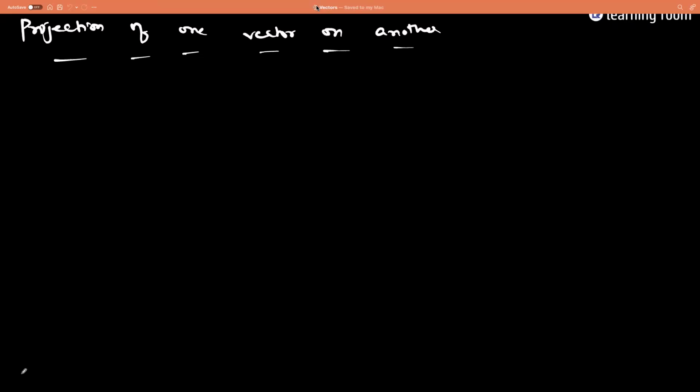Okay. So here, what do I mean by projection of one vector on another? If there is a line segment like this, and if there is a line, okay, imagine this as a line. I'm taking only this part, and there is a line segment. I'm taking only this line into consideration. So from one of the ends, I can drop a perpendicular, and from the other end, I can drop a perpendicular, so that I'll get 2 feet of the perpendiculars.